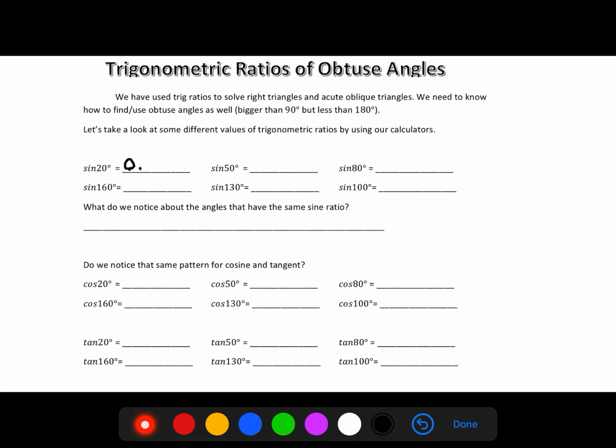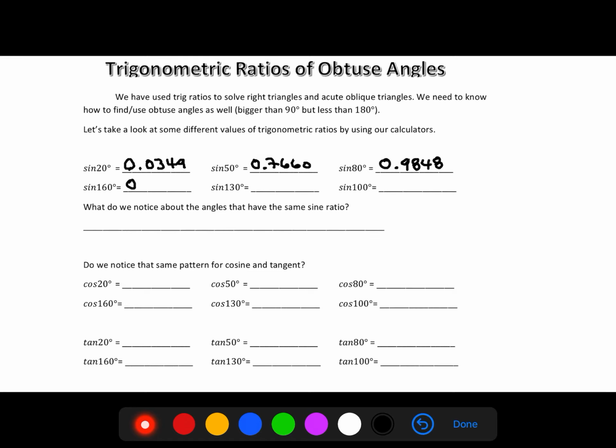So a 20-degree angle, again, using our calculators, has a sine ratio of 0.0349. Plugging into our calculators, sine 50 is 0.7660. Sine 80 is 0.9848.